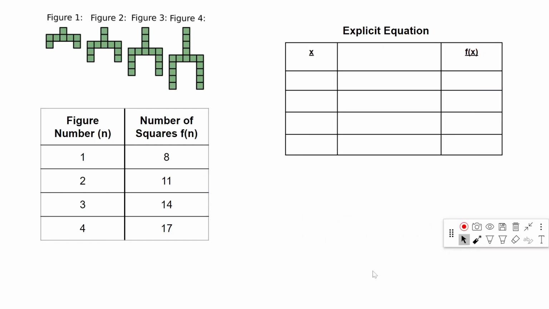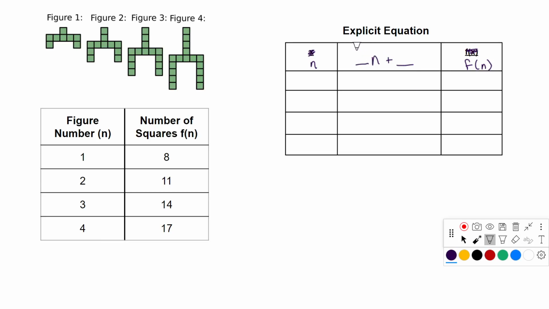Let's take a look at the explicit. When we have the explicit function, we're going to write it in a linear form. Many students are aware of the slope-intercept form, y equals mx plus b. We're going to do function notation, so we will have that f of n will equal something n plus something.